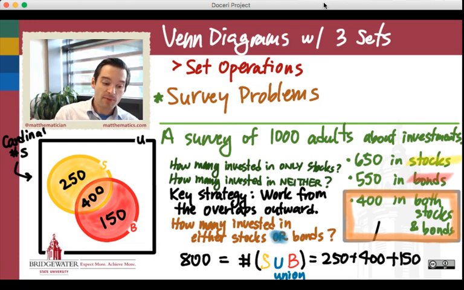But if there's 800 people inside the circles, that must mean that there's some left over that are outside of both circles. Because after all, my universe has 1,000 people in it. So maybe I can make a little comment here, outside, that my universe has 1,000 people in it. There's 800 that are inside of this MasterCard logo here.